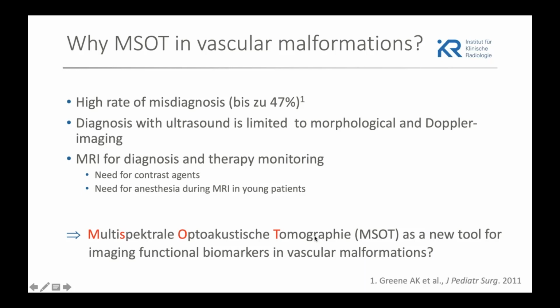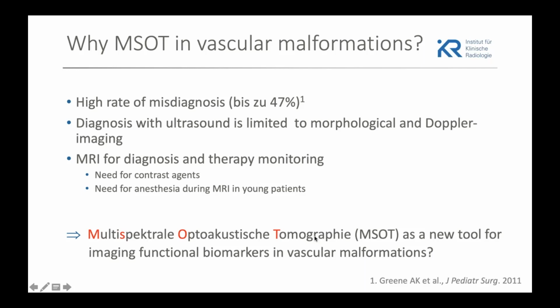Then you have your diagnosis, which is limited due to morphological information and can be limited also in the point to find the arterial inflow to the lesions. Because if you don't find your artery going in the ultrasound to the lesion, you have problems identifying this as an AVM.